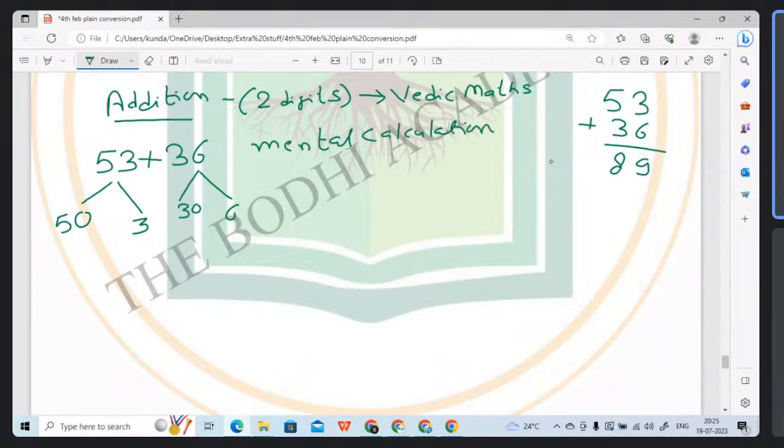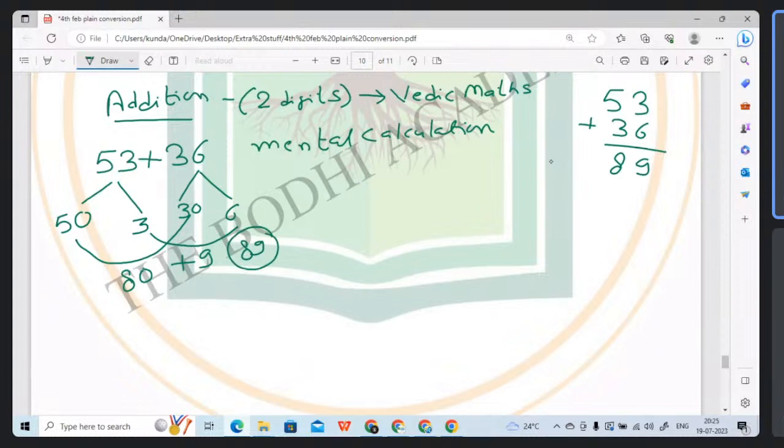The more your brain works, the faster your brain works, in the easier way you will be able to solve a topic. So like 53 and 36, I'll break it into 2 parts: 50 and 3, 30 and 6. Adding 50 and 30 is very easy. It is 80. Adding 3 and 6 is very easy. 80 and 9. The answer is 89.